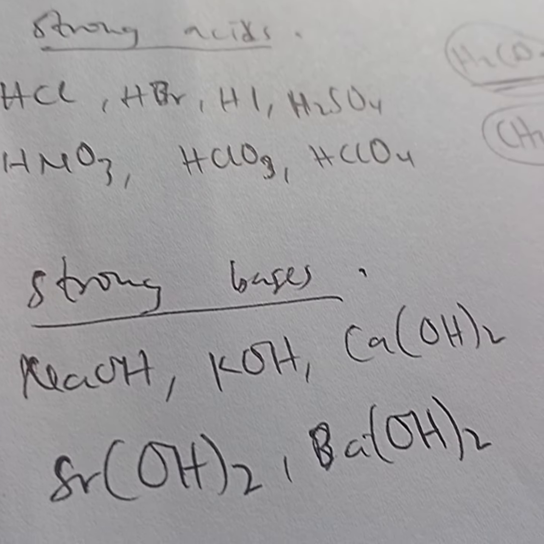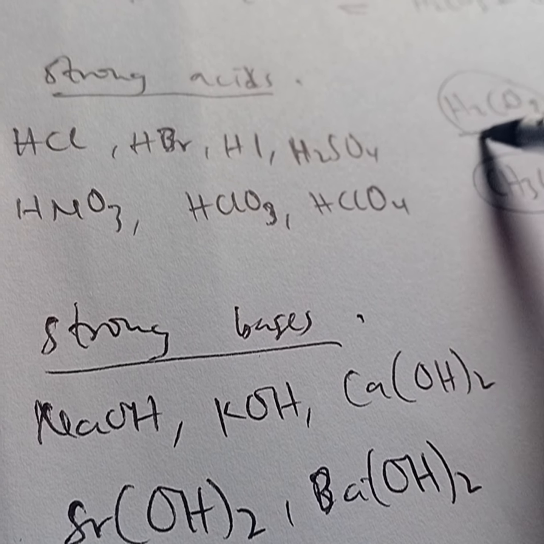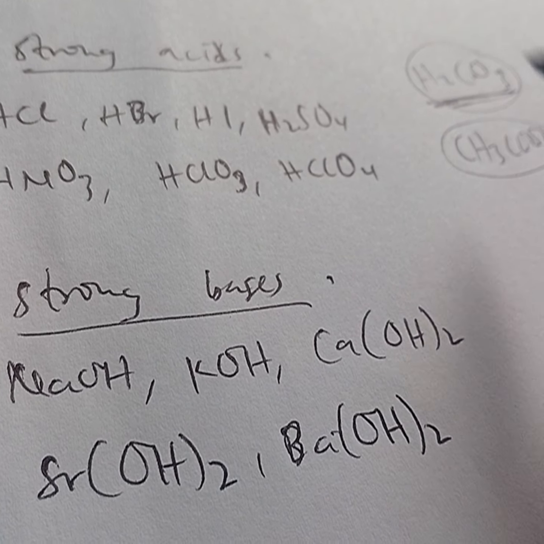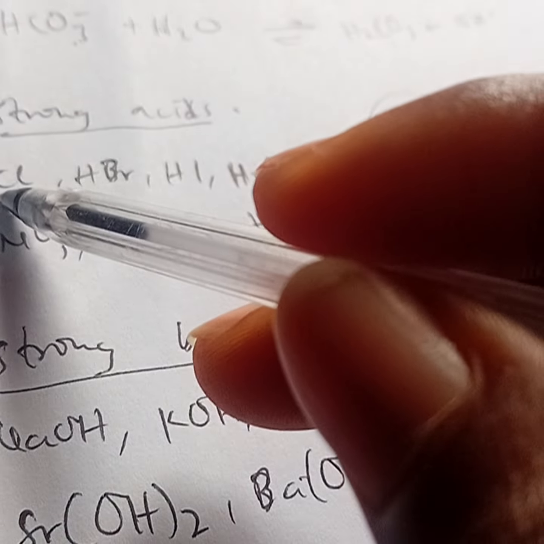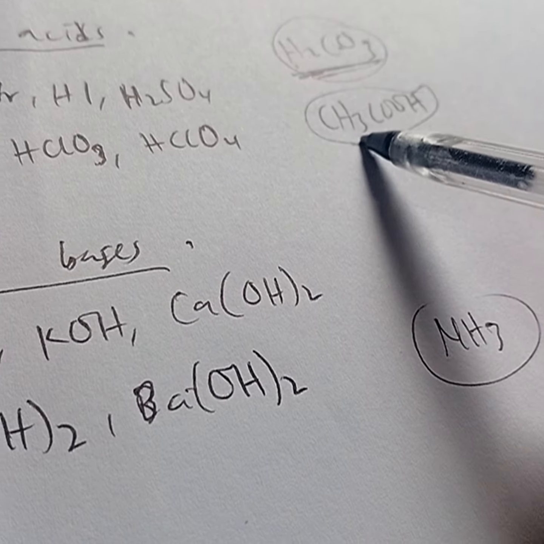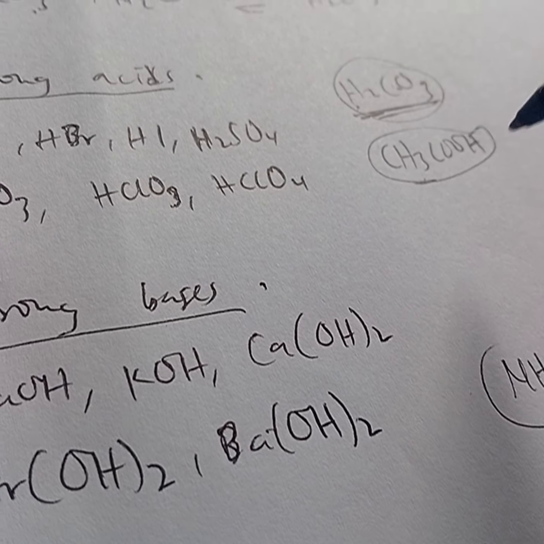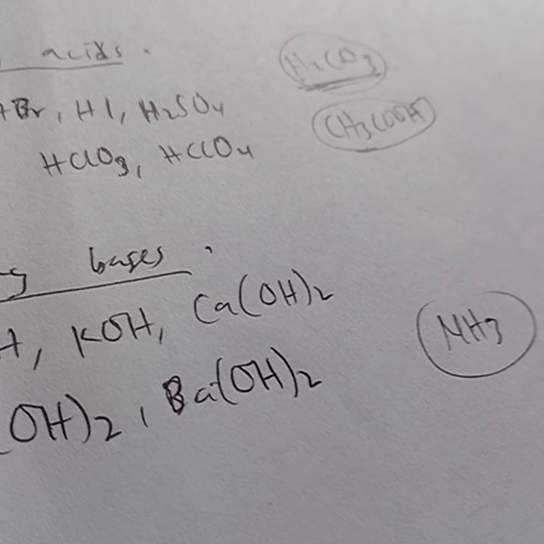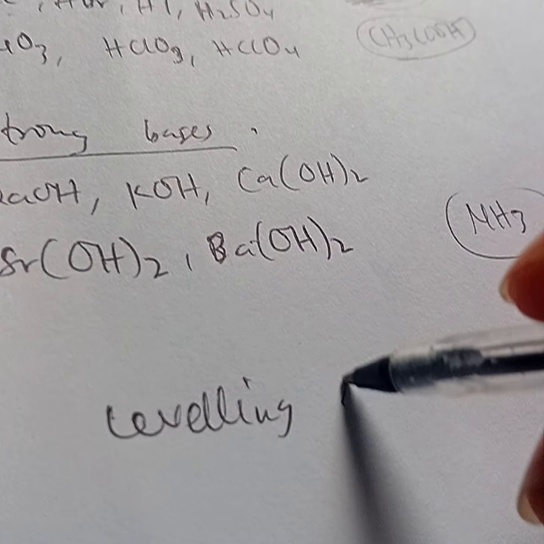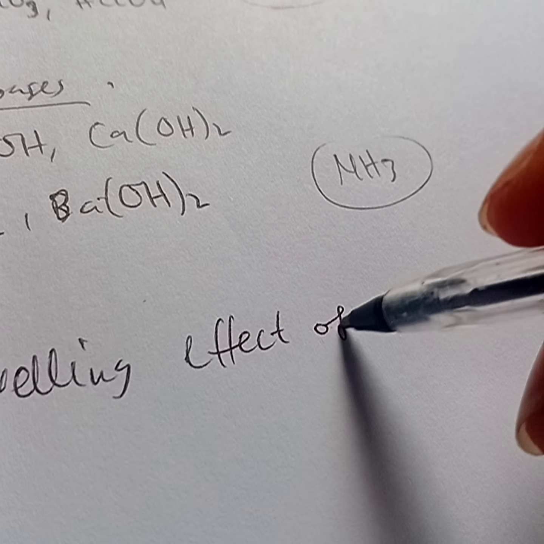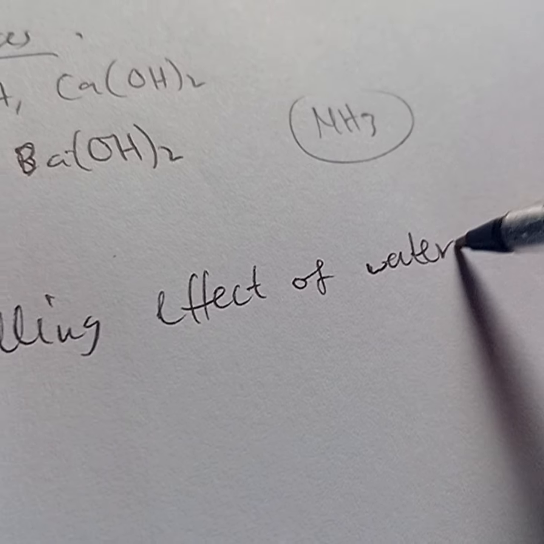Now, take carbonic acid, or let's say ethanoic acid and HCl. HCl is strong, ethanoic acid is weak. Now, in water, both of them are going to have the same strength. So you call it what? The leveling effect of water.